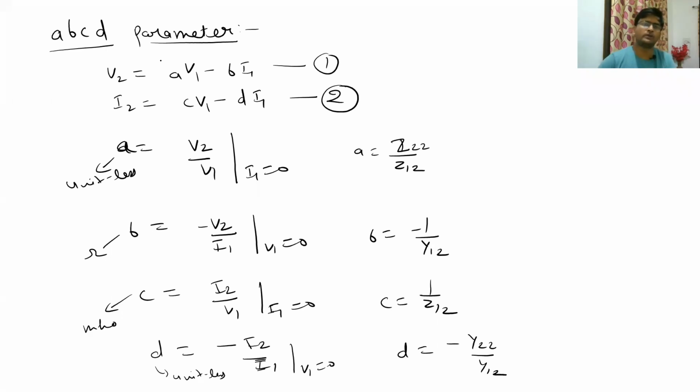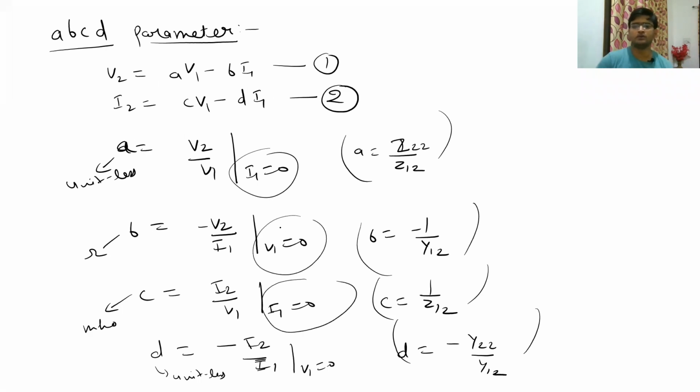Now talking about the small ABCD parameter, it is just opposite to the capital ABCD parameter, and instead of V1 and I1, we have V2 and I2 as the dependent variables. So using these equations, we can directly find the ABCD parameter values, and we can relate these to impedance and admittance parameters as well, depending on whether they are open circuit parameters or short circuit parameters, right?